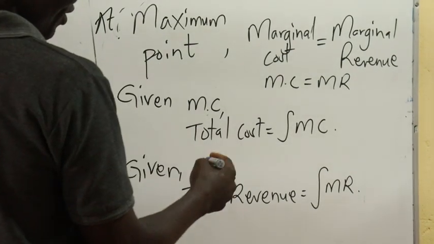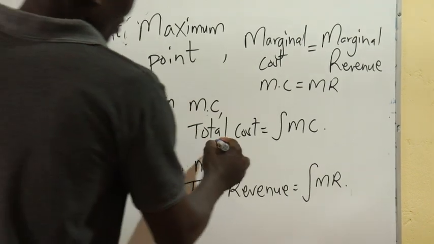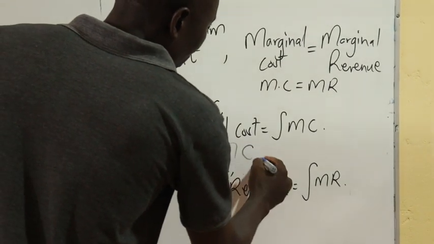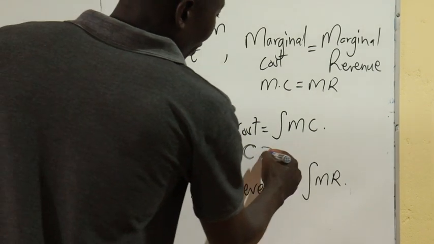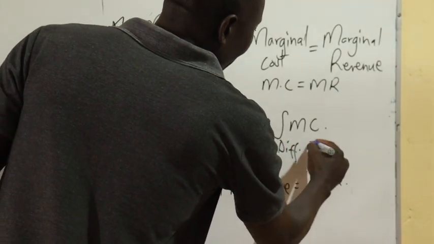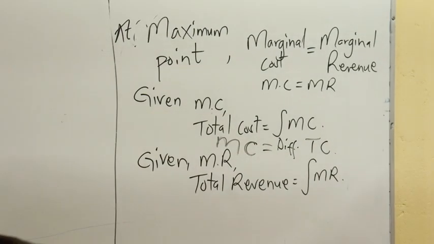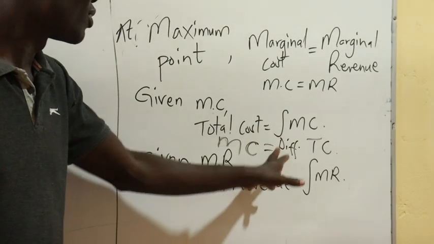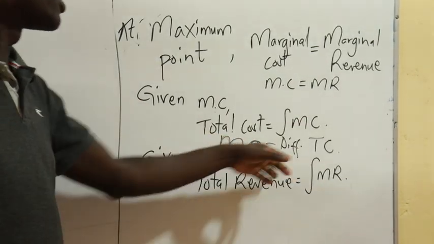When we want to get the marginal costs, then we will differentiate total costs. So it's just the opposite, one way to the other. From total costs to marginal costs, we differentiate, and from marginal costs to total costs, we integrate.